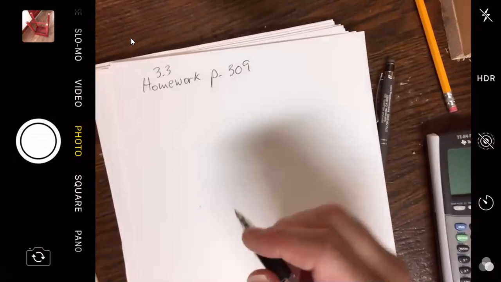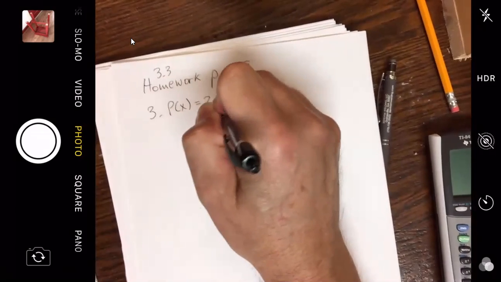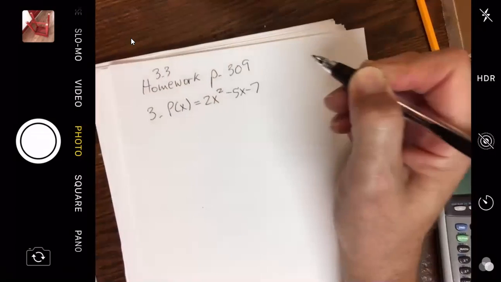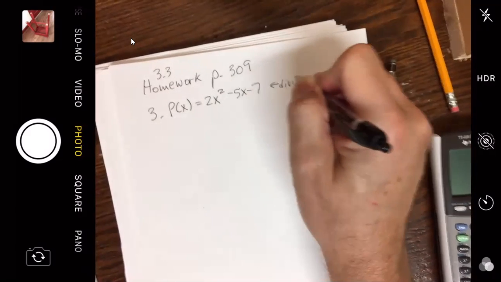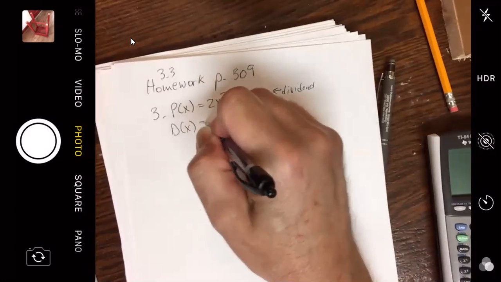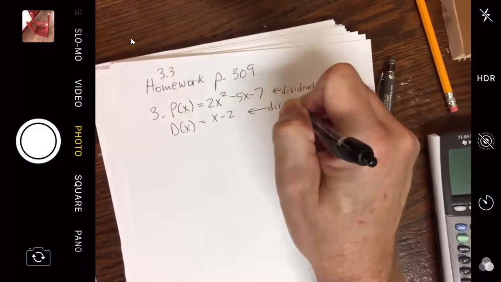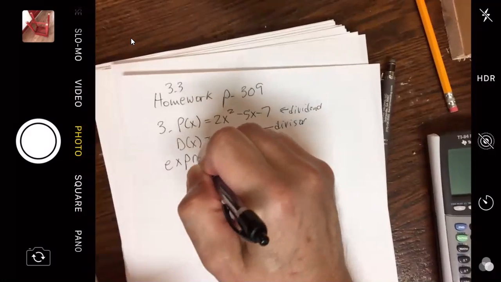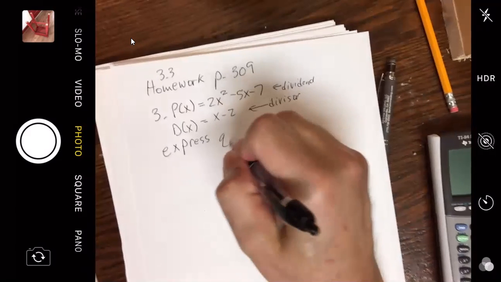So they're giving you number 3, that P of x is 2x squared minus 5x minus 7. This is your dividend. The D of x is x minus 2. That's your divisor. Express quotient.